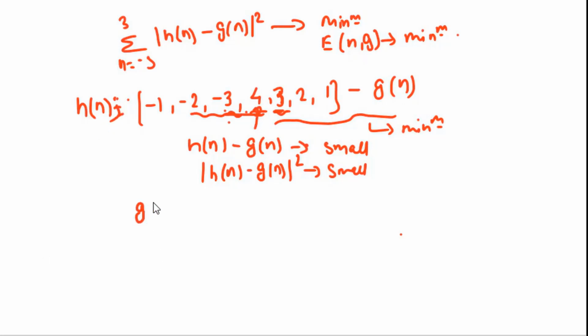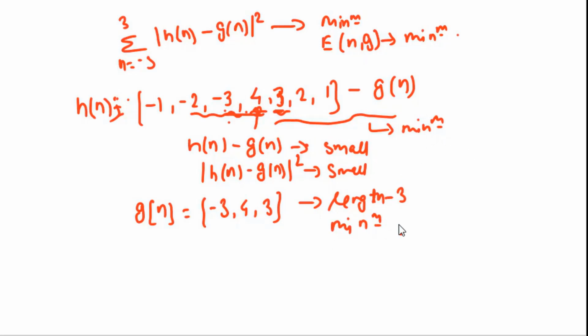So you can select g of n as -3, 4, 3, which is of length 3, and subtracting these from h of n will give you the minimum E of h of g.